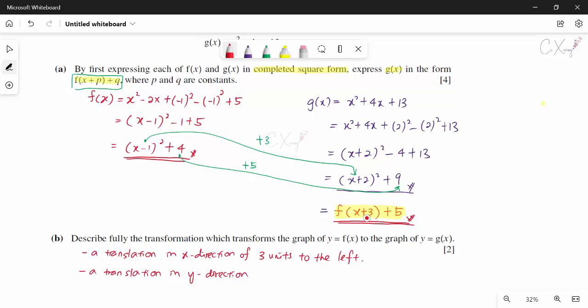We are moving it 5 units up. So this is the transformation that we have, which you can see that both are actually translations. One is the translation in the x direction, another one is the translation in the y direction.